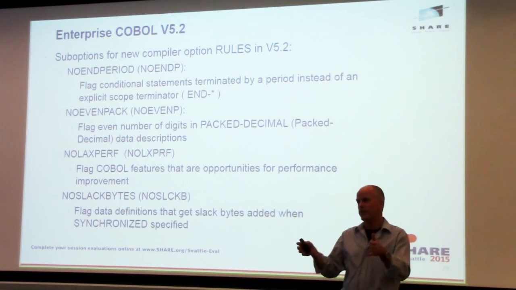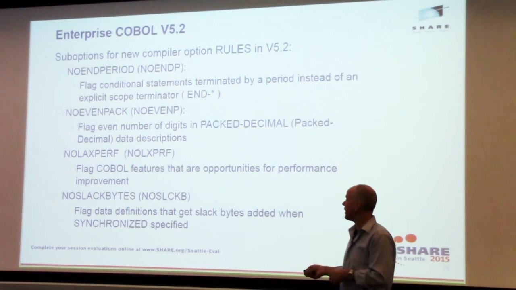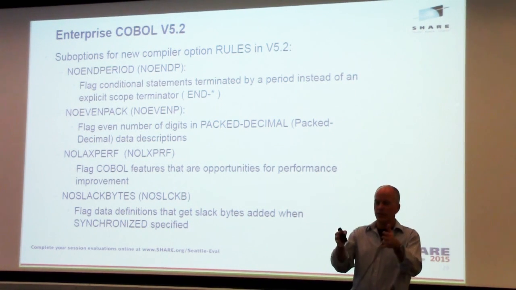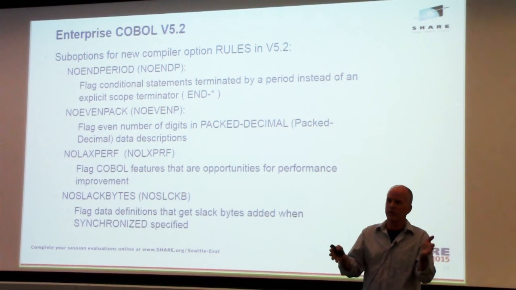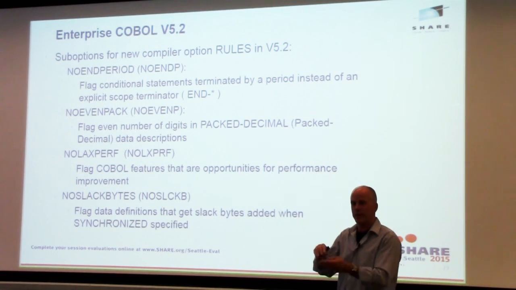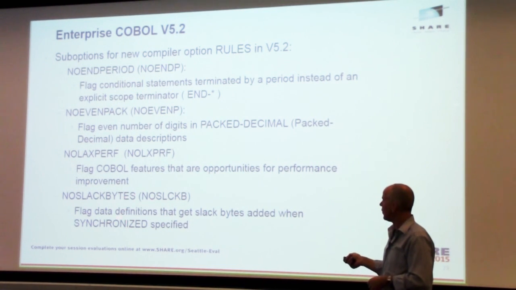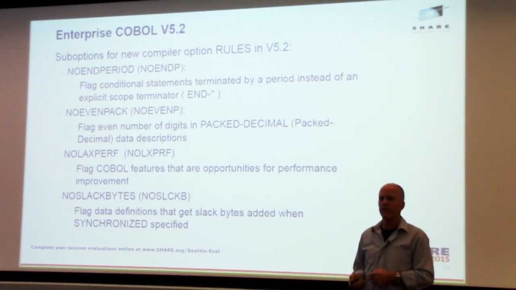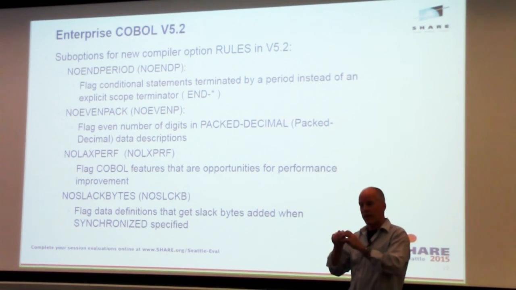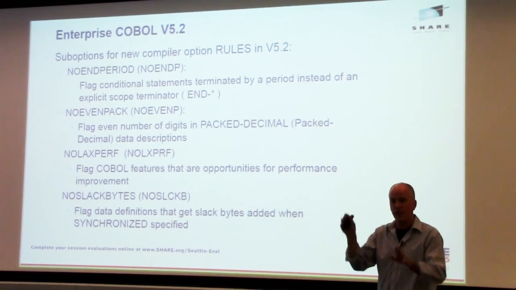Now the hardware does a load or a store or math on binary data items just as well if they're on a 1 byte boundary or a double word boundary. But you might have synchronized in your copybooks and it might accidentally add some bytes in there. And customers want to know when you are adding the bytes and where, so that I can name them and have all of the fields in my structure be named and explicitly called out.